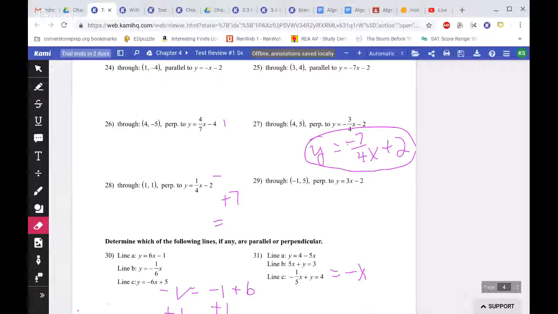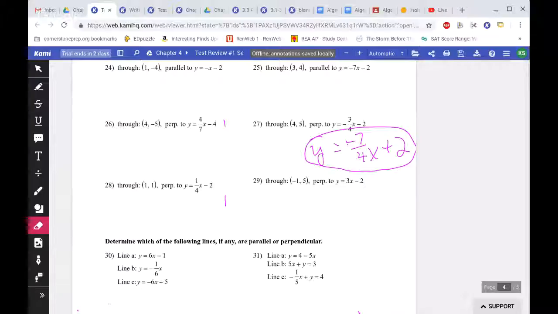All right, I'm going to do number 27 also. Did everybody get the answer for that one? Miss Sparks, why is it -7/4 for number 26? The original problem was 4/7. Yes, so we're doing a perpendicular line. So the slope of the new line is the opposite reciprocal.